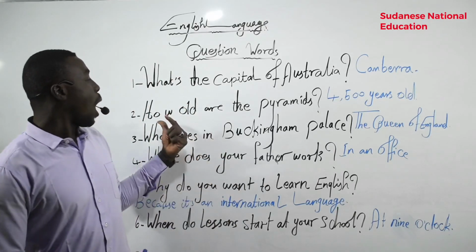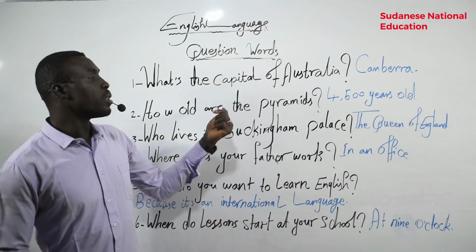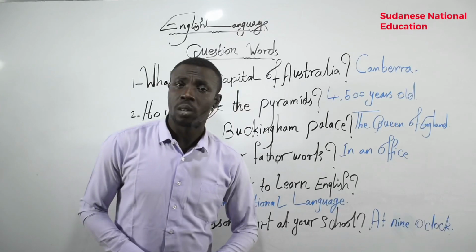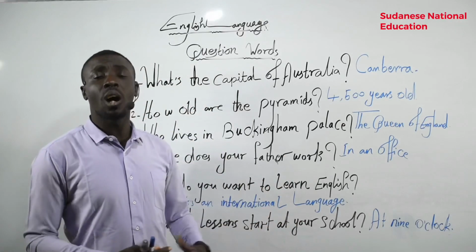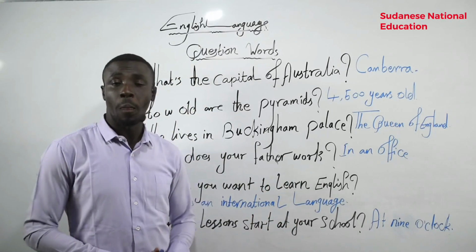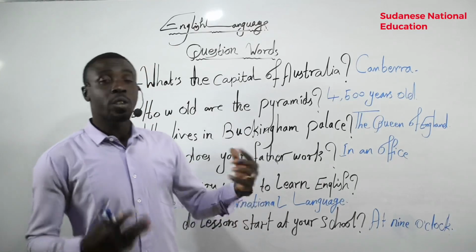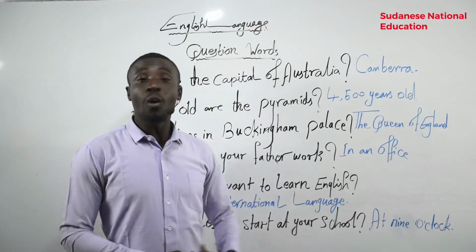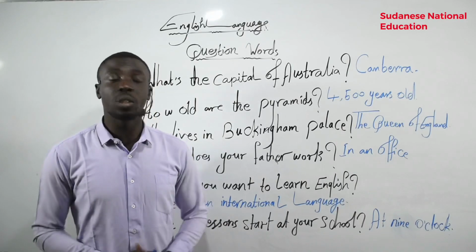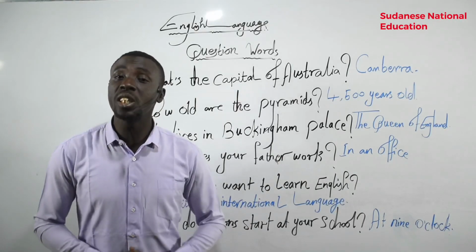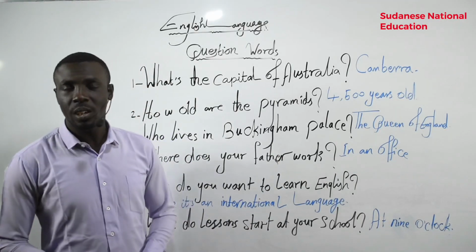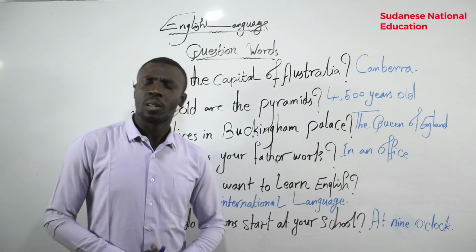So, how old are the pyramids? The pyramids are from the 7 wonders. They are 4,500 years old. Very long age.